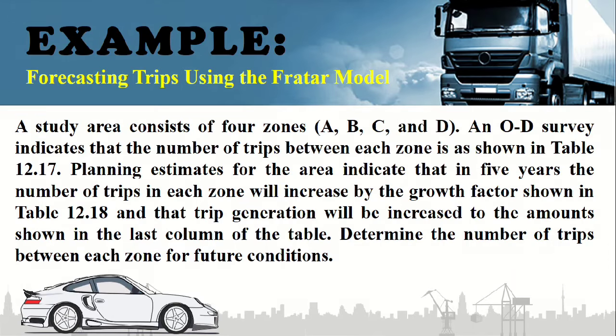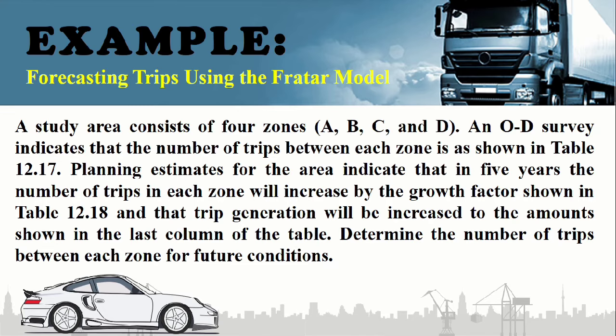So, we have here an example for forecasting trips using the Fratar method model. So, the problem is, a study area consists of 4 zones A, B, C, and D. An OD survey indicates that the number of trips between each zone is as shown in Table 12.17.